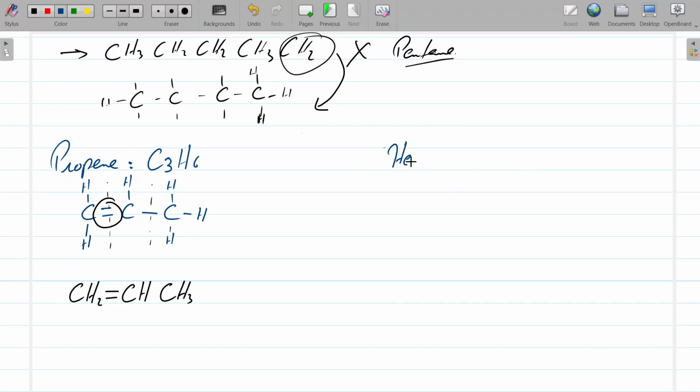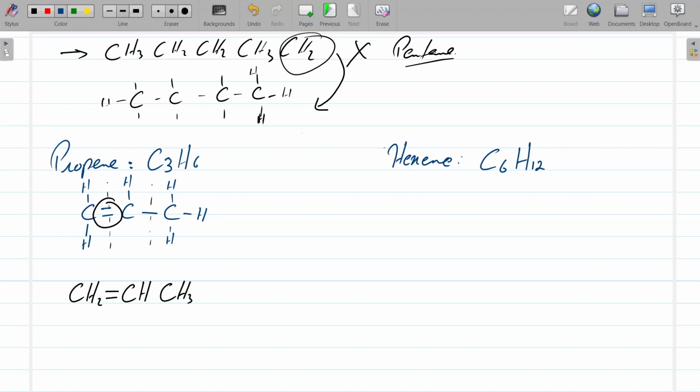Okay, let's do hexene. That's how many carbons? 6. How many hydrogens? 12. It's an alkene, so it's CnH2n.